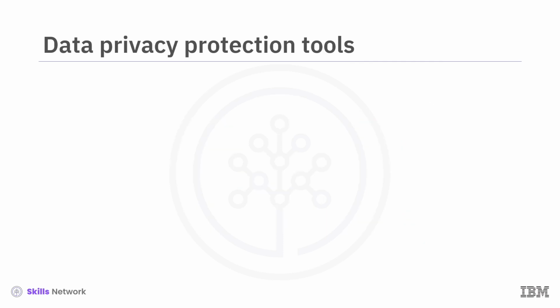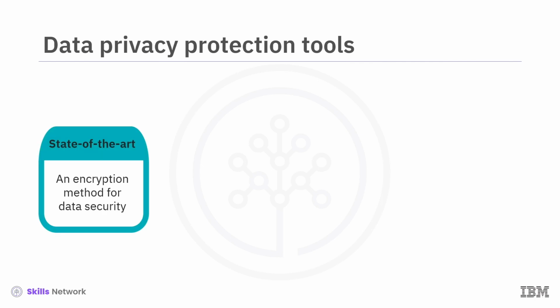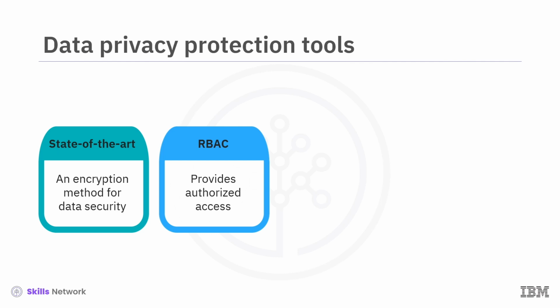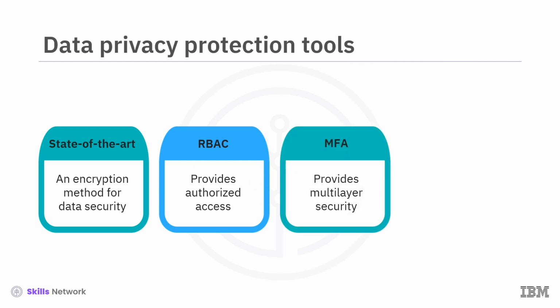Educational institutions can leverage certain tools and technologies to enhance their privacy standards. State-of-the-art encryption is a method for securing data during storage and transition. Next is role-based access control, or RBAC, which ensures the data is accessible to authorized users. To add a layer of security, use multi-factor authentication, or MFA.